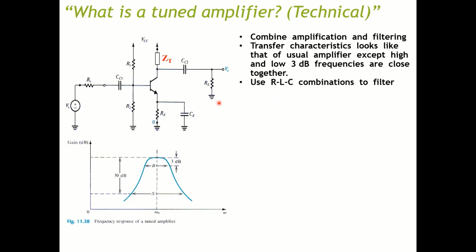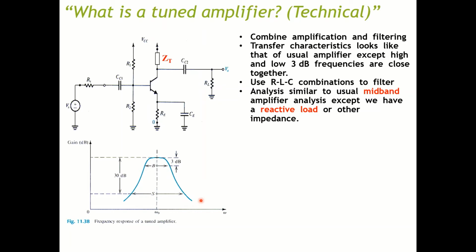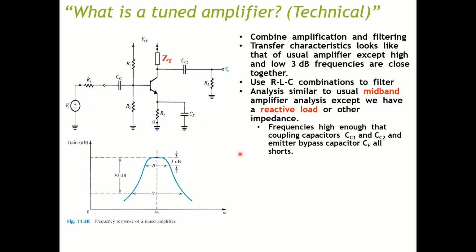They usually use an RLC combination to filter, so filter out the low frequency and the high frequency. And the analysis is similar to the usual mid-band amplifier analysis, except that we have a reactive load and other impedance.